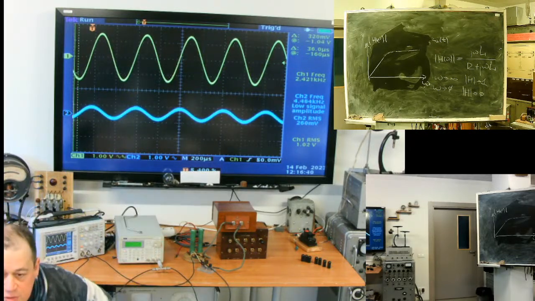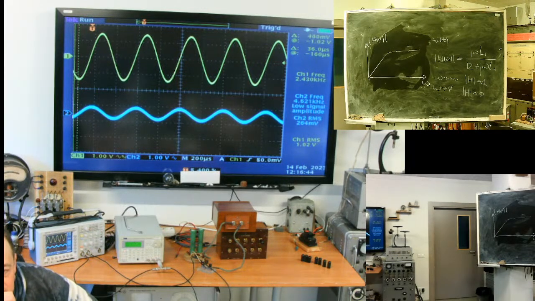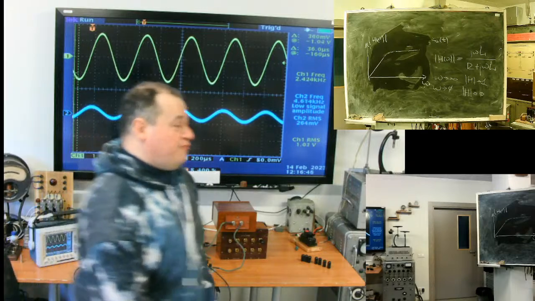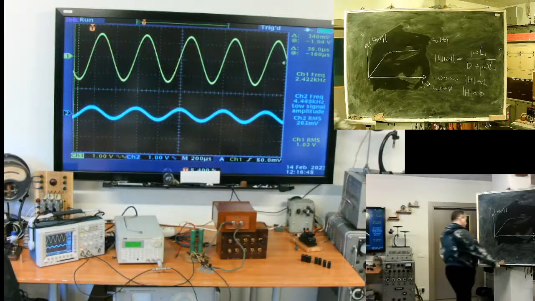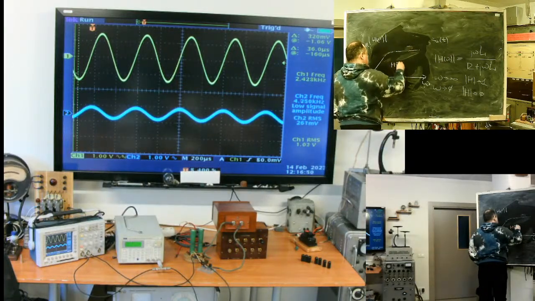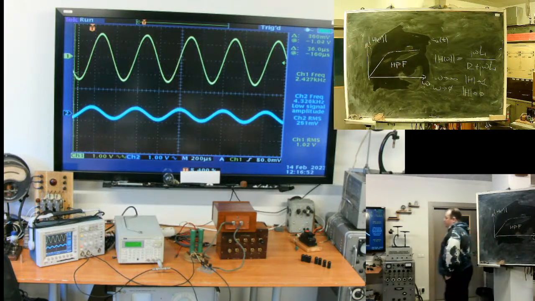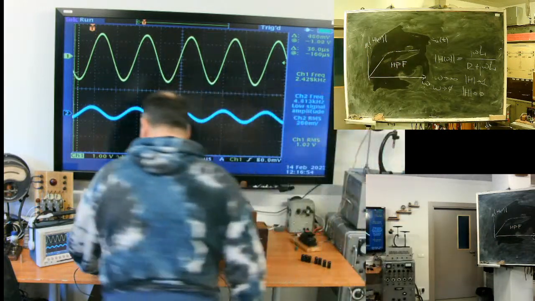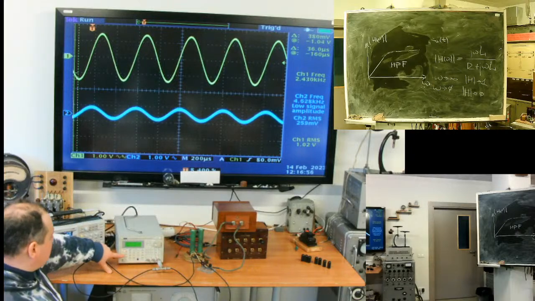What kind of circuit do we have? Low pass or high pass? High pass. Low frequency suppressor. High pass filter. But what will happen if I push the square signal button?